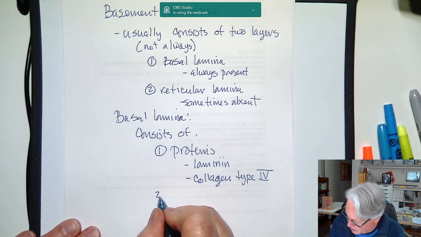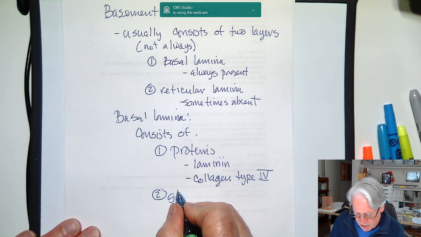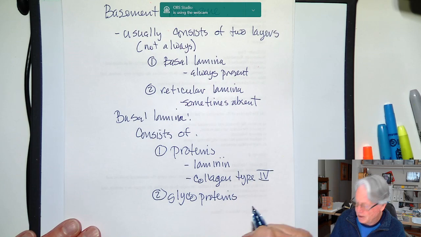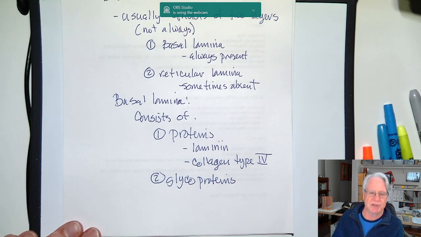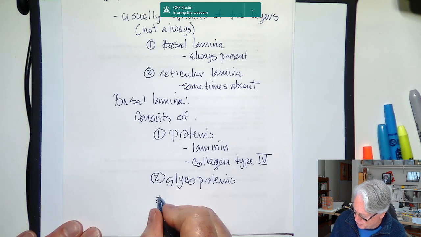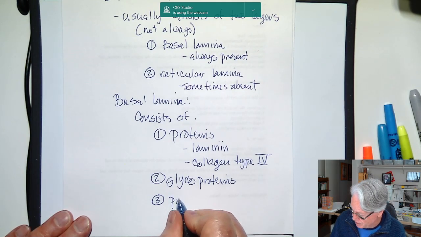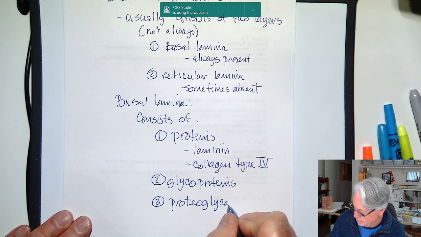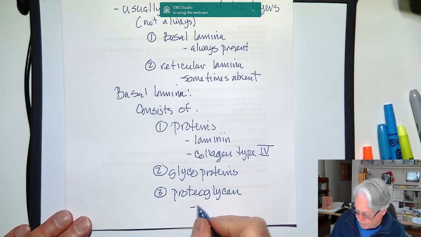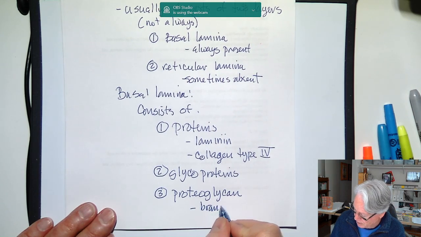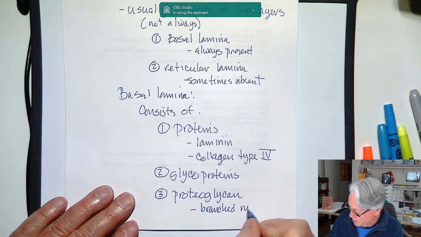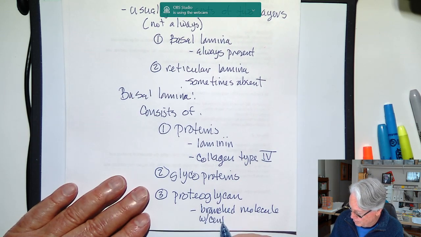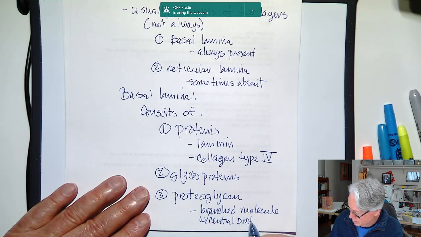It also contains glycoproteins. We know what glycoproteins are, proteins with sugars attached, and a third type of protein which we've never talked about, which is a proteoglycan protein, and this is a branched molecule with a central protein.